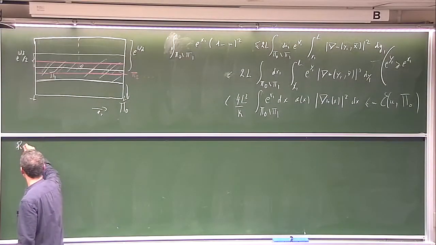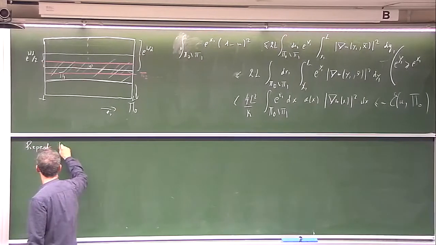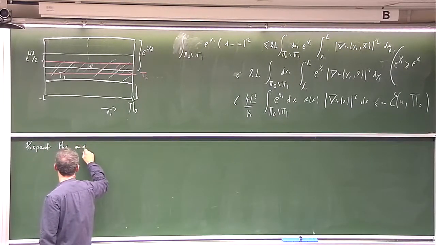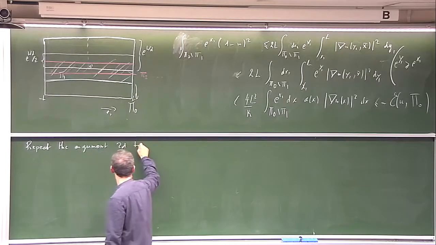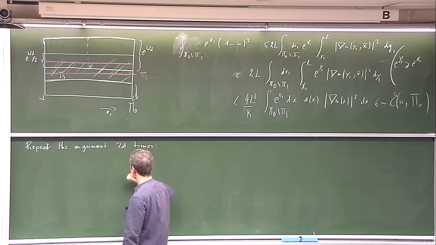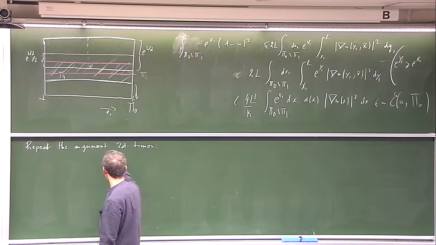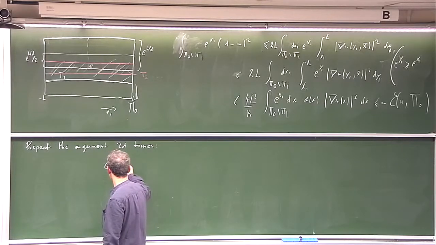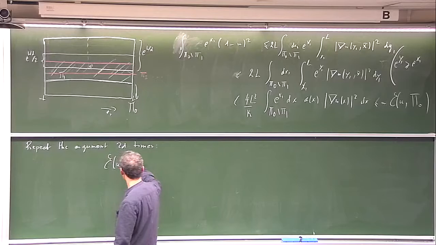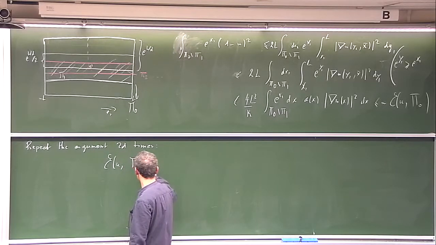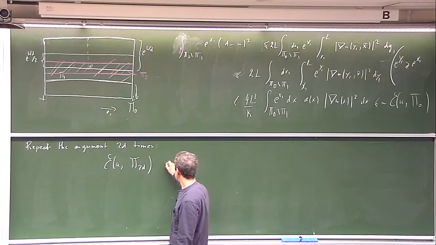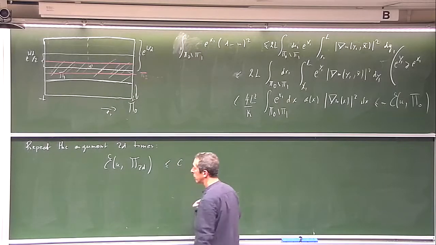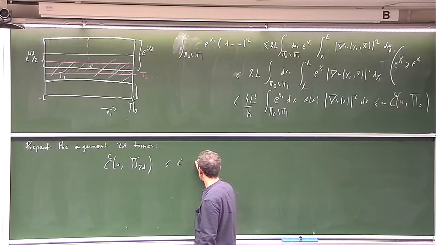So what you do is you repeat the argument 2d times, in order to get something of the form that the energy of U on the domain that you get after dividing the length by 2d times will be smaller than some constant, which is a bit different from the previous one, but doesn't matter.